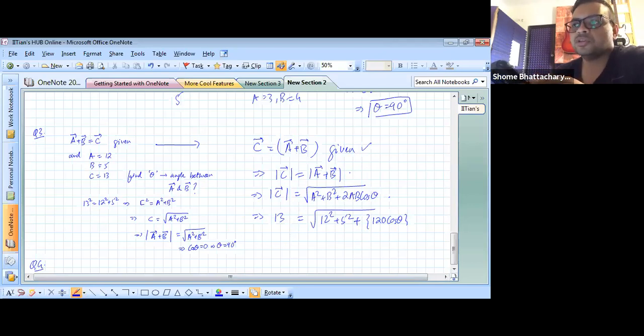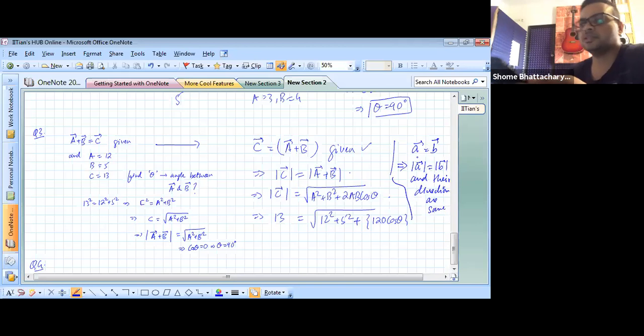No, the mod sign is not used there, so I put the mod. See, if I say that vector A is equal to vector B, it implies, this sign here means implies, that the magnitude of A is equal to the magnitude of B, and their directions are the same. That is the meaning of two vectors being equal.